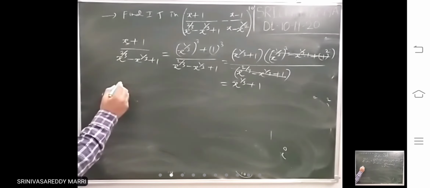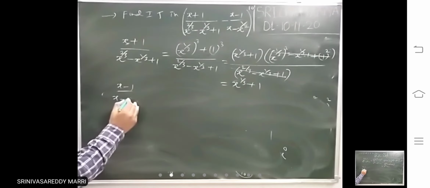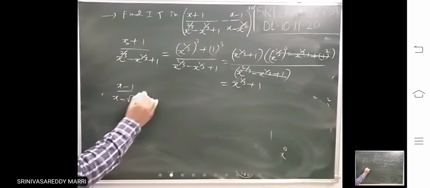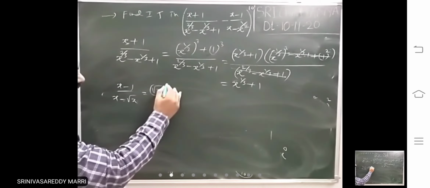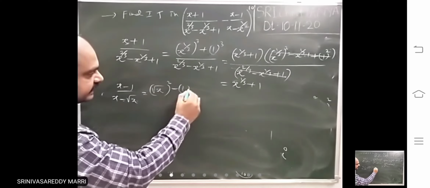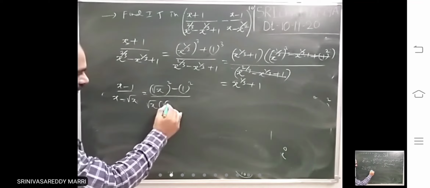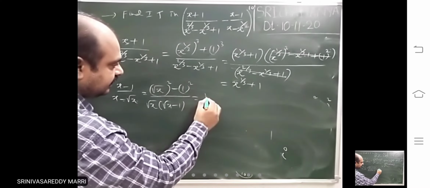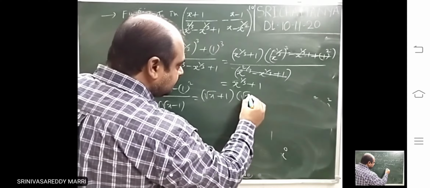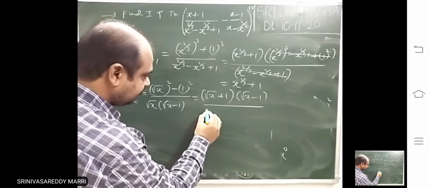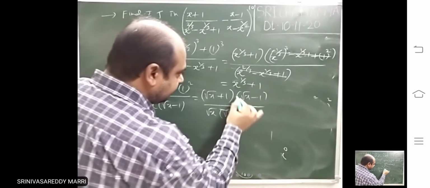Next, take the second expression. Here what I am writing is root x whole square minus 1 square divided by root x, take common root x minus 1. That means root x plus 1 into root x minus 1 divided by root x into root x minus 1.